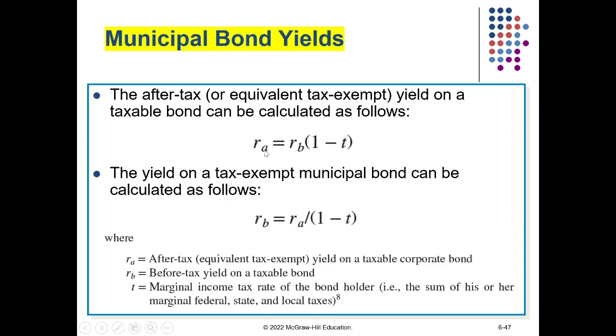Rewriting this equation with before-tax on the left-hand side, you get RB equals RA divided by 1 minus t. So the before-tax yield on the taxable bond equals the after-tax yield divided by 1 minus t.